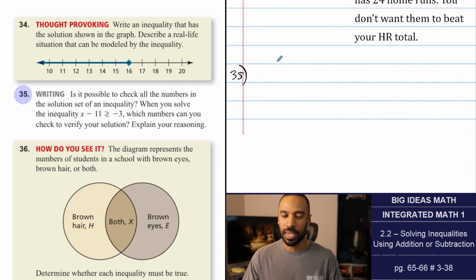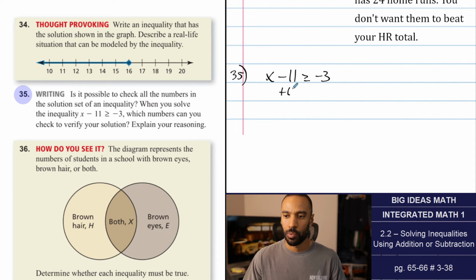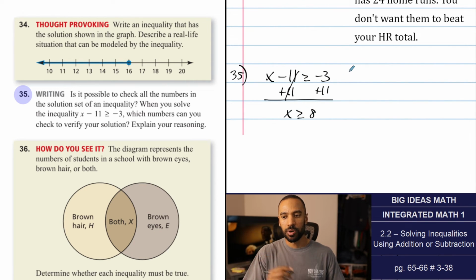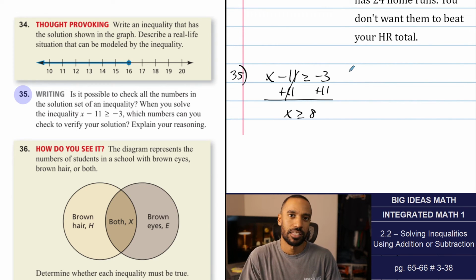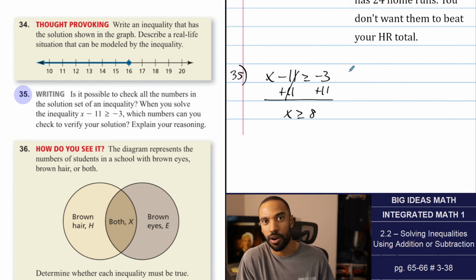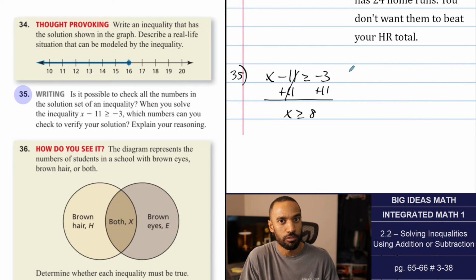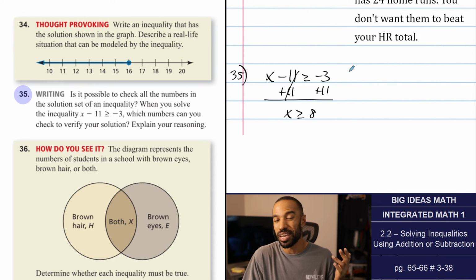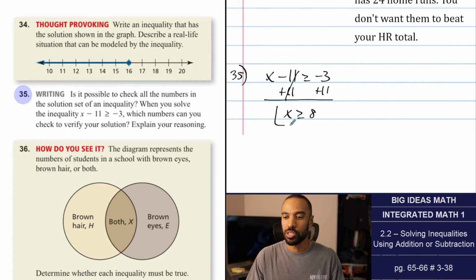So when you see x minus 11 is greater than or equal to negative 3, we add 11 to both sides. 11 minus 3 is 8. So x is greater than or equal to 8. No, it's impossible to check every number there. 8, 9, 10, 11, 12, 13, 14, and it goes on forever. But what about 8.5, 8.4, 8.3, 8.2, 8.1, 8.01, 8.001, 8.0001, 8.1234012? You know, it's impossible. There's an infinite number set. So anyway, there's the solution to it.